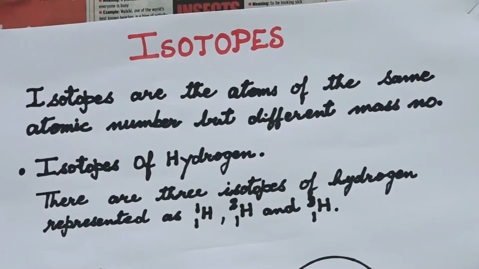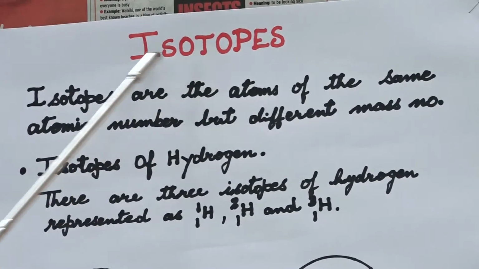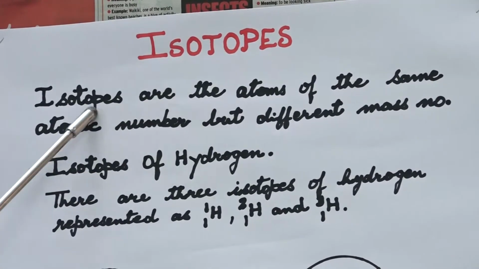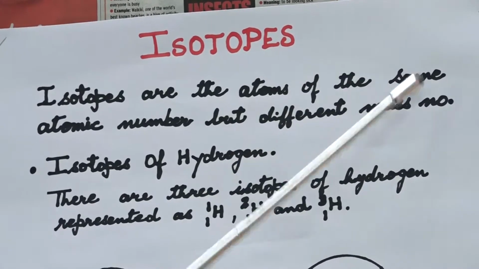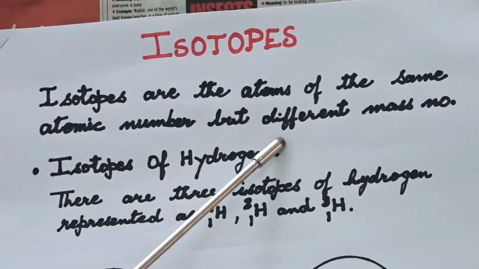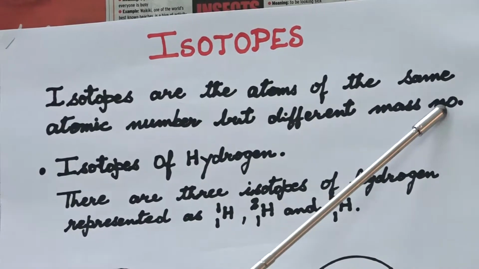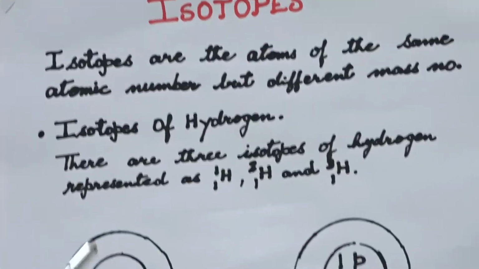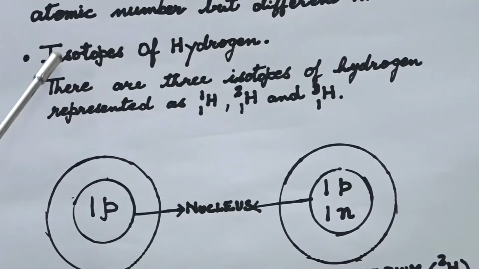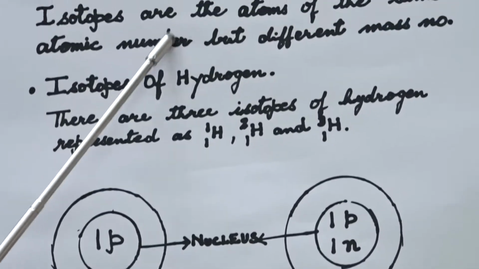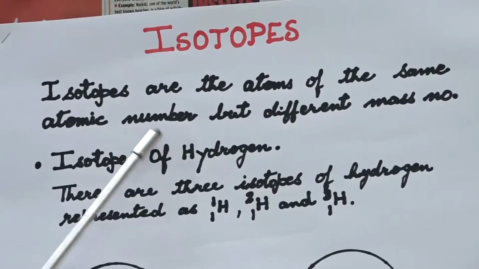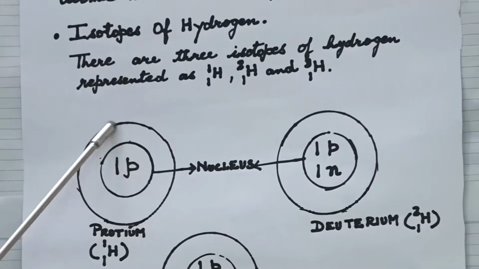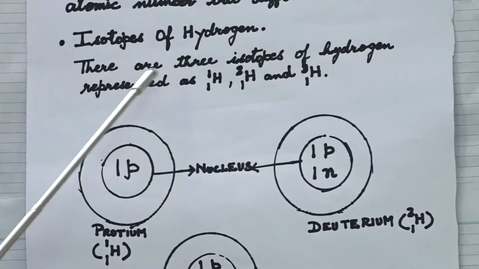Now we are taking up the topic of isotopes from the chapter Structure of the Atom. Isotopes are the atoms of the same element which have the same atomic number but different mass number. As the atomic number of the element is equal to the number of protons in the nucleus or number of electrons in the extranuclear part in case of neutral atom, this implies that they contain the same number of protons as well as electrons.